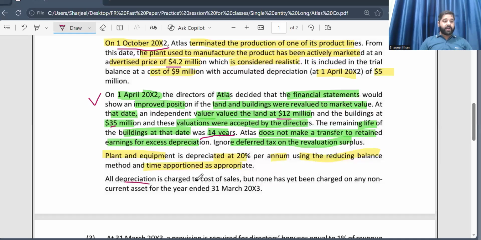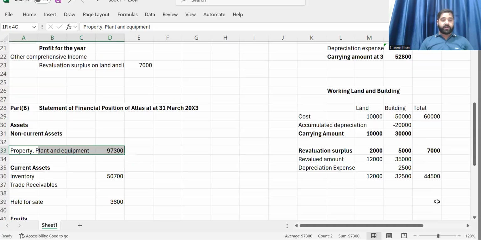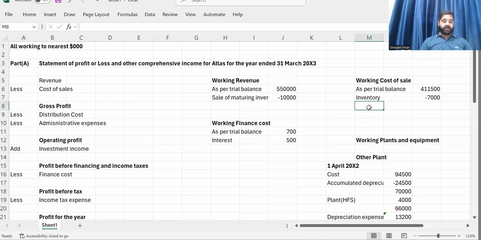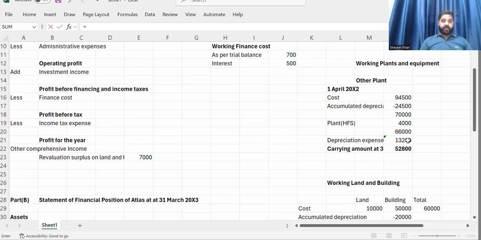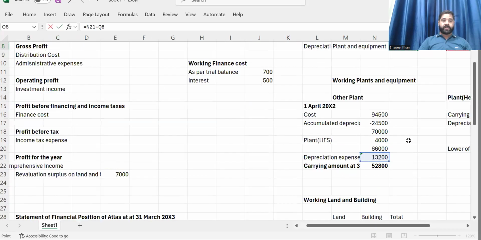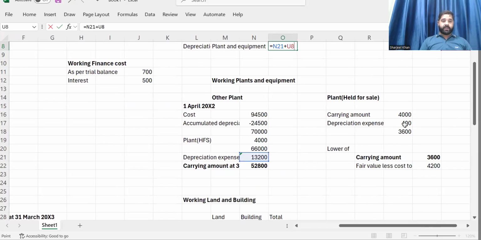All depreciation is charged to cost of sales, but none has yet been charged on any non-current asset for the year ended. So let's charge the depreciation to the cost of sales. So here, depreciation expense on plant and equipment is equal to this for the other plant, and don't forget the 6-month depreciation expense for the plant which is classified as held for sale, right?